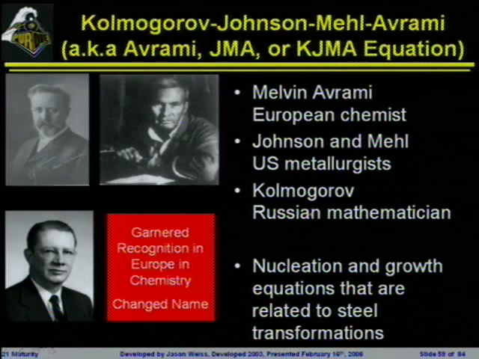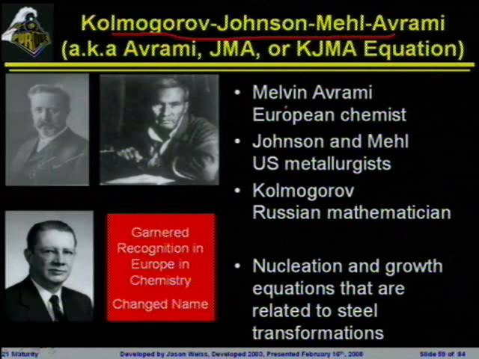Now, to take this a little bit of a step further, most people try to use this data and they try to combine it with some sort of a rate of development type of approach. So the one that is commonly used in many, many materials is the KJMA type of approach, which stands for these 4 guys whose names are up here. Some of them are easier for me to pronounce than others.